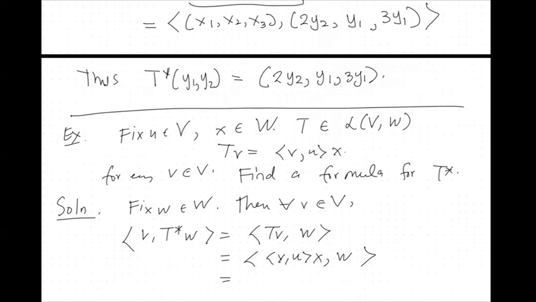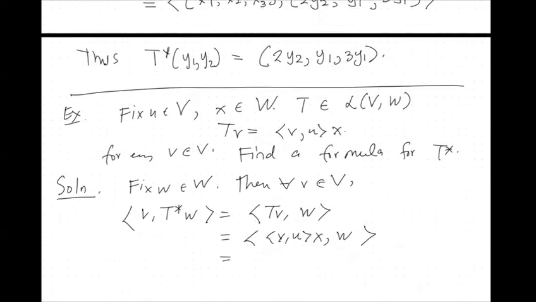What's next? Via property of inner product, we can put this inner product of v and u outside, and then we have the inner product of x and w.